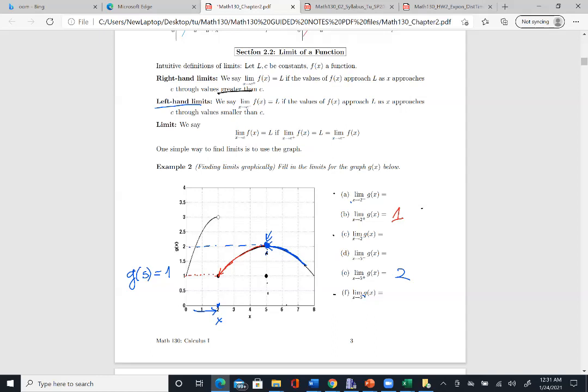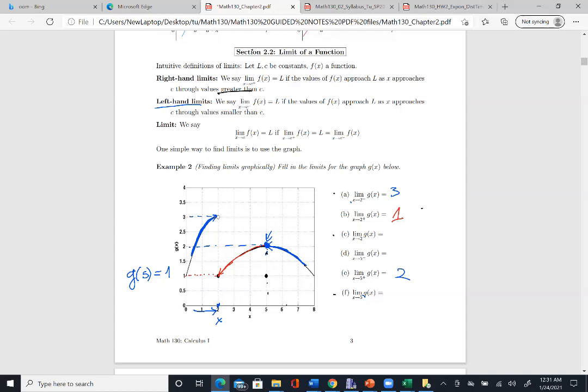I know that the graph just goes along like this and tries to approach here. So the value of y at that point was 3, so I'm going to put 3 over here.